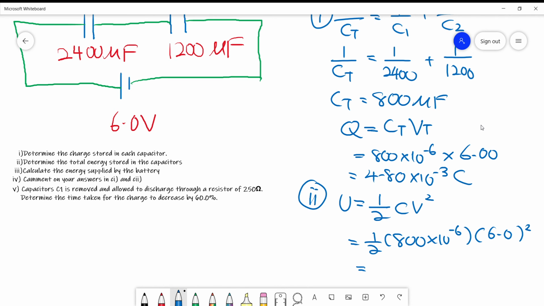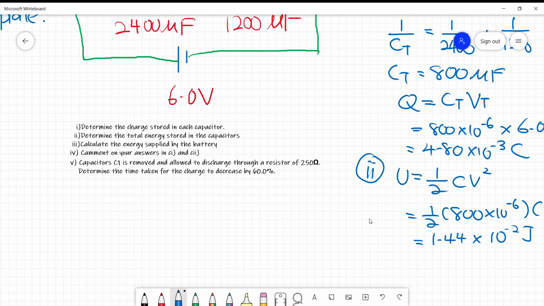So what I have here is 1 over 2 times 800 times 10 to the power negative 6 times 6 squared. So basically I got my answer, which is 1.44 times 10 to the power of negative 2 joule. Okay, so this is question number 2.